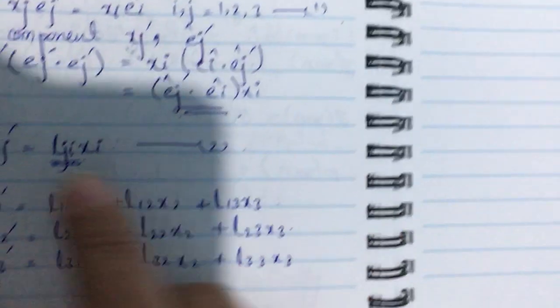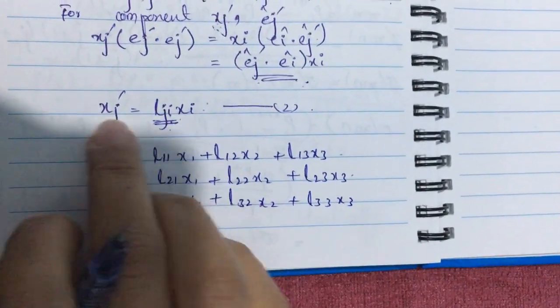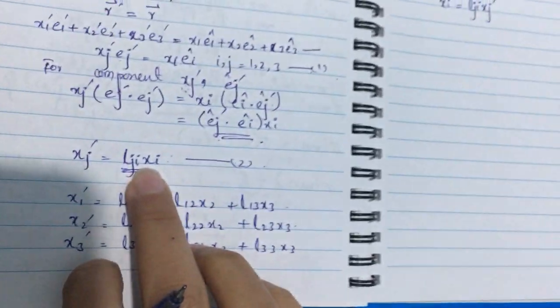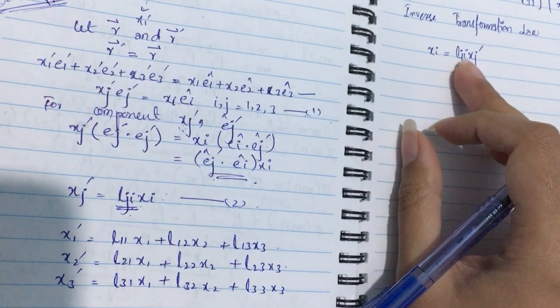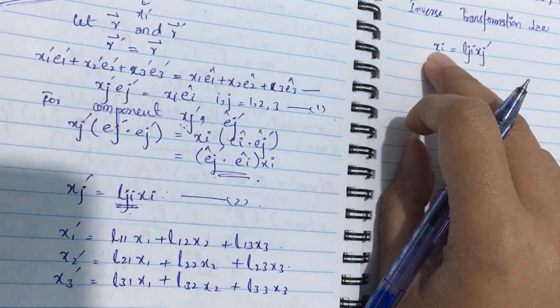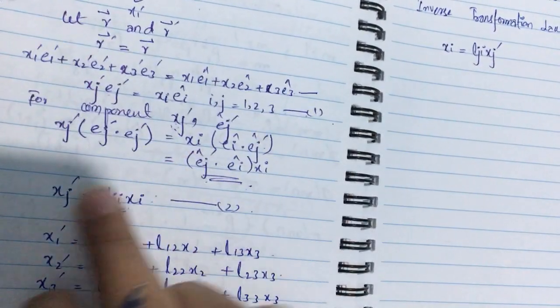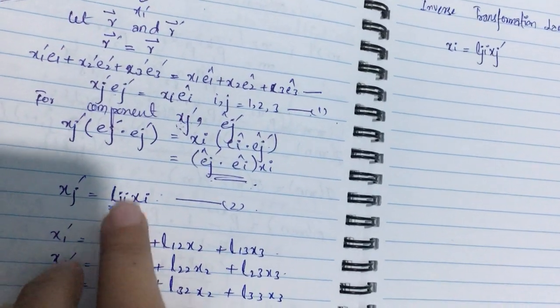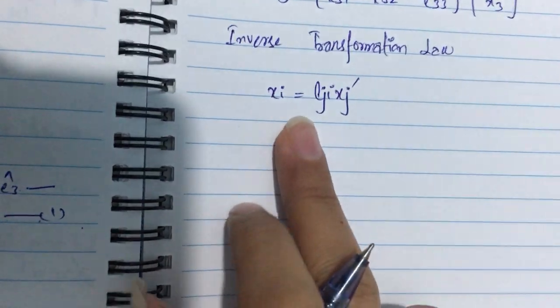This is the equation of transformation, and here I am going to make it opposite. So here is simply xi and here is xj dash, but here xj dash equals lji xi.